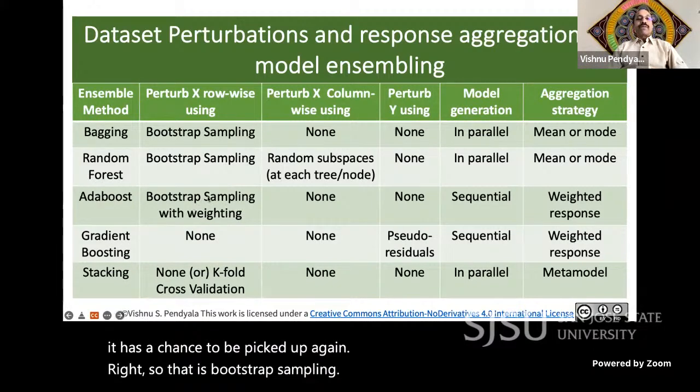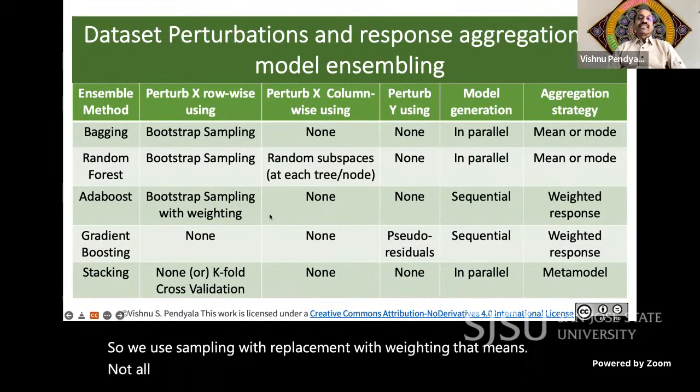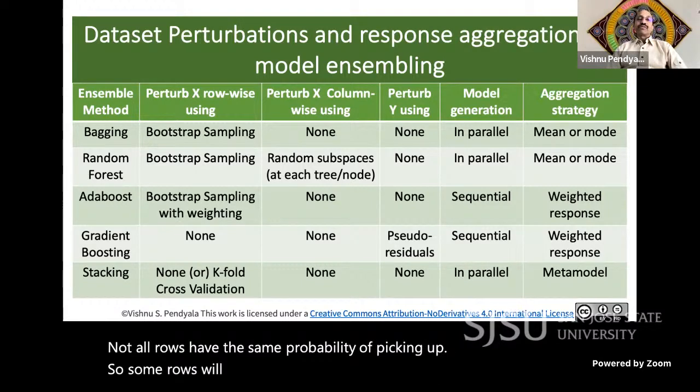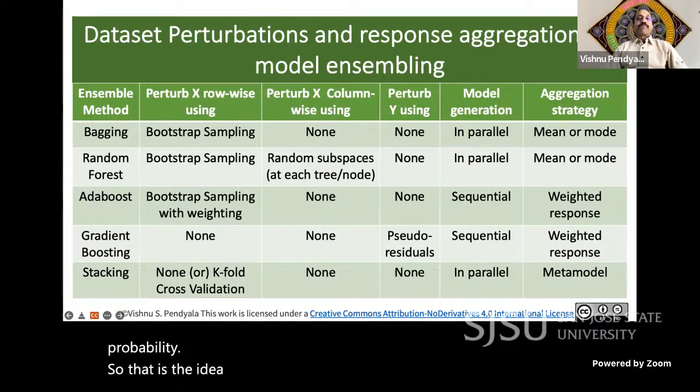We use sampling with replacement with weighting. That means not all rows have the same probability of being picked. Some rows will have higher probability, some rows will have lower probability. So that is the idea behind perturbing the X row-wise for Adaboost.